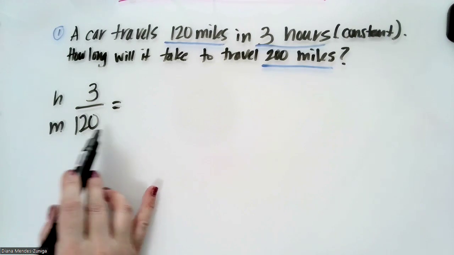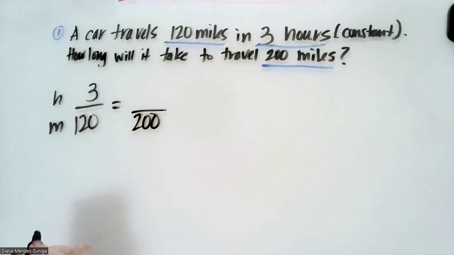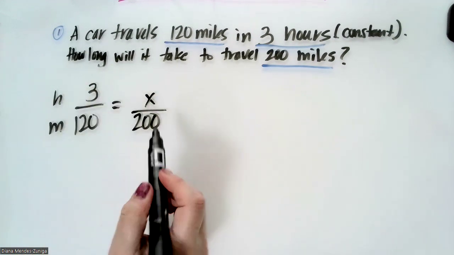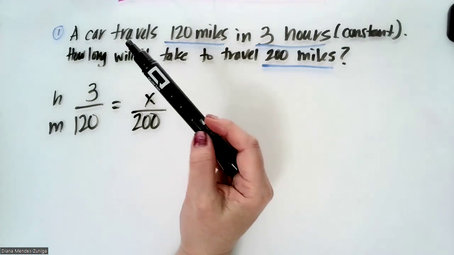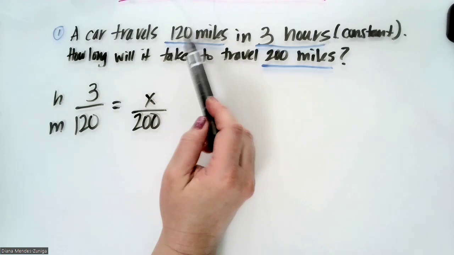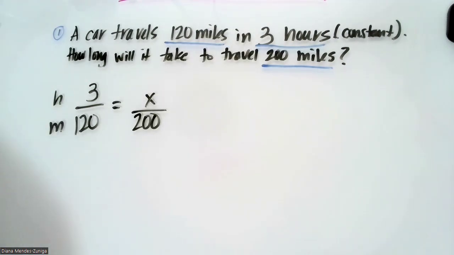If the miles are on the bottom here, the miles must be on the bottom here. Okay, so that's how you would set up that problem. We don't know what the hours are, so we're going to leave that x. So you can set it up however you want to, as long as you have one side here that has the miles and hours together, and then you have the other side over here where the miles are actually on the same side, top or bottom.